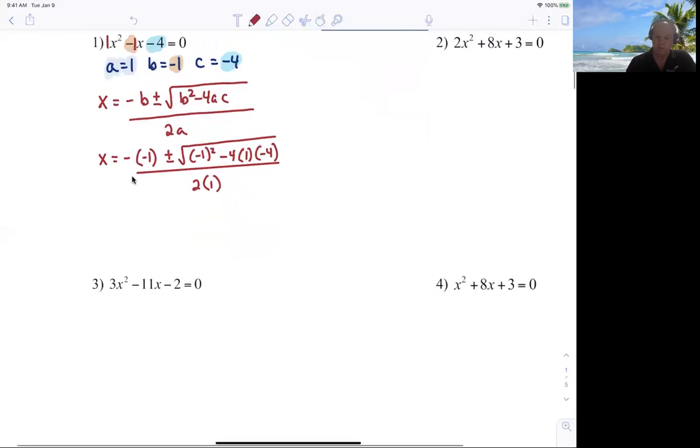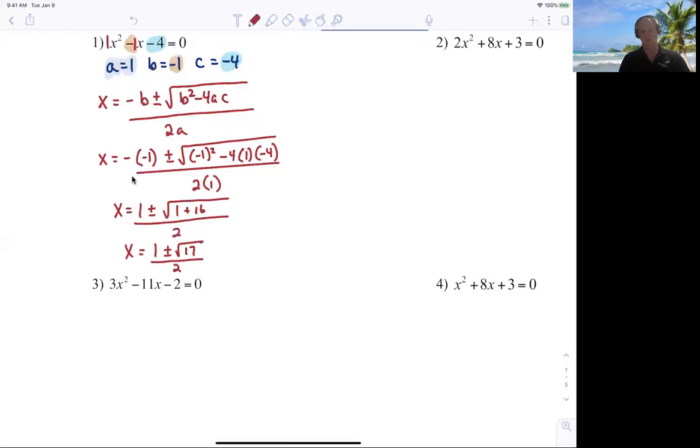Now it's just a matter of simplifying. x equals 1 plus or minus the square root of 1 plus 16, all over 2. So x is equal to 1 plus or minus the square root of 17 all over 2. Now, again, that's it. That's how easy. Super, super easy. Just a matter of plugging numbers into a formula and simplifying.